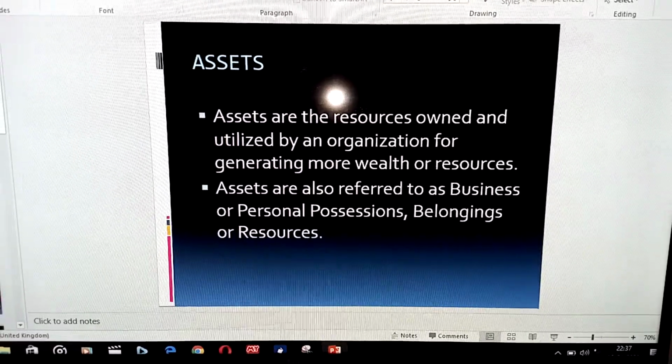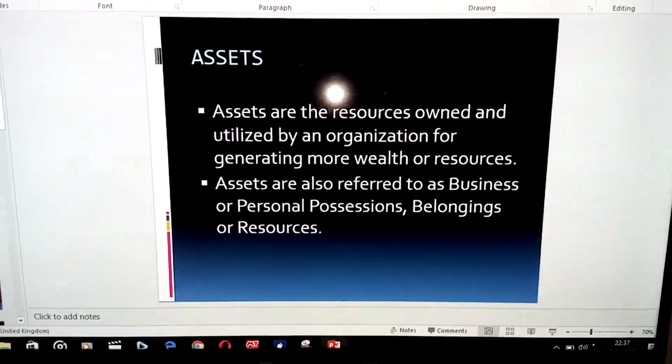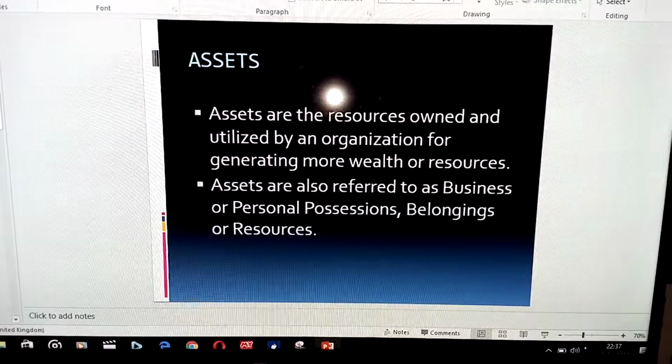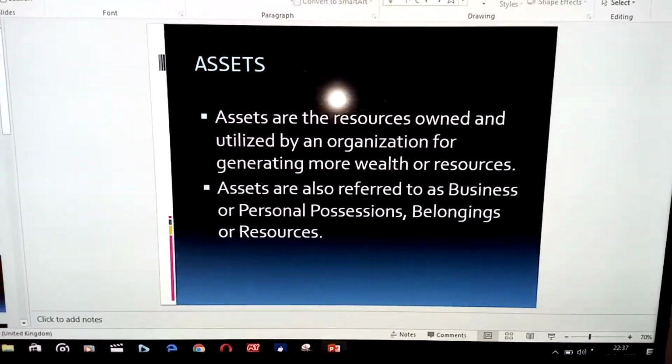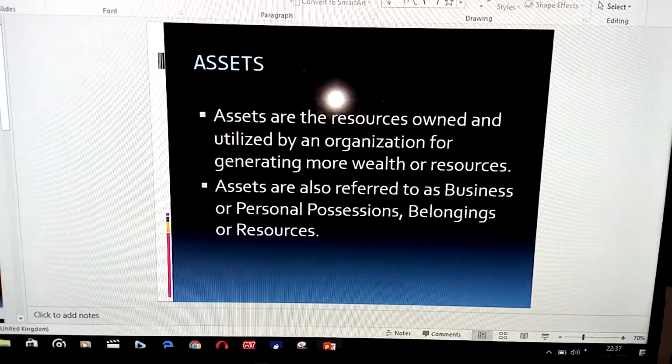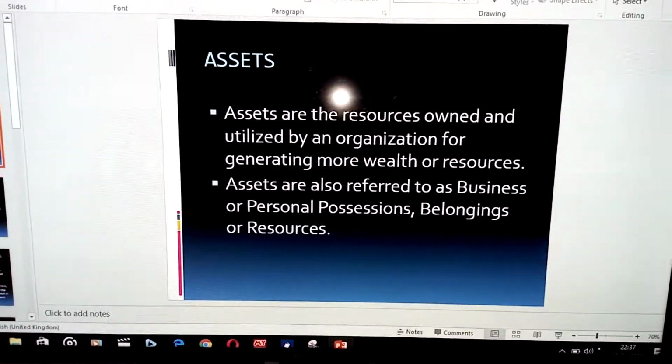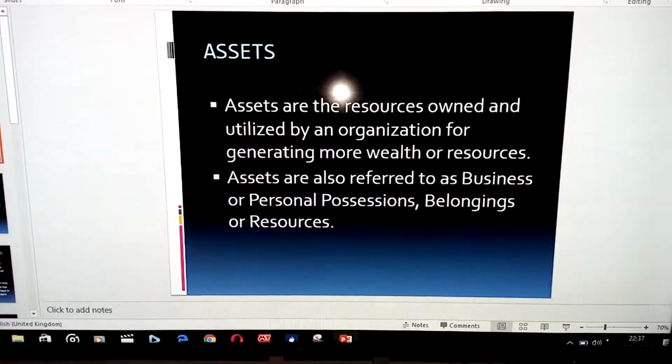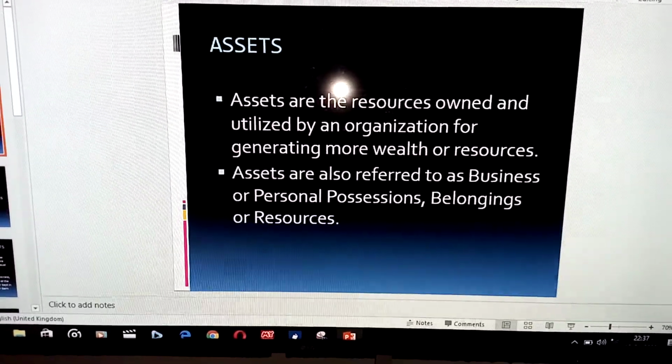What I am trying to say is those items of value that belonged to an individual or belonged to an organization is what we refer to as an asset.